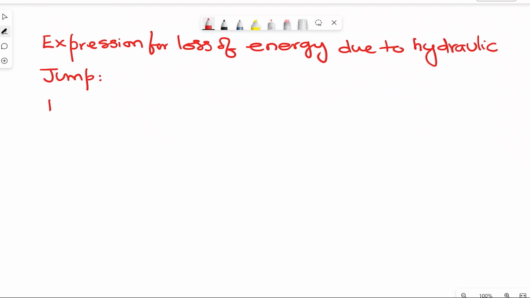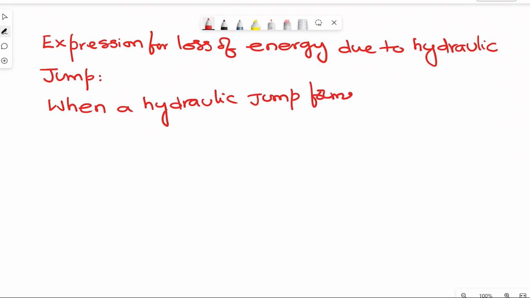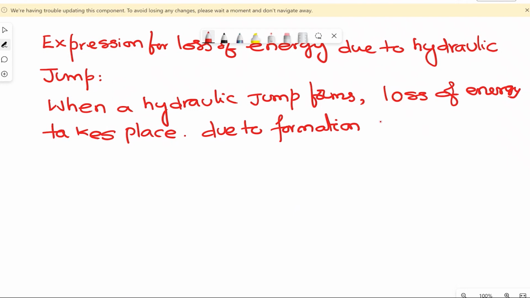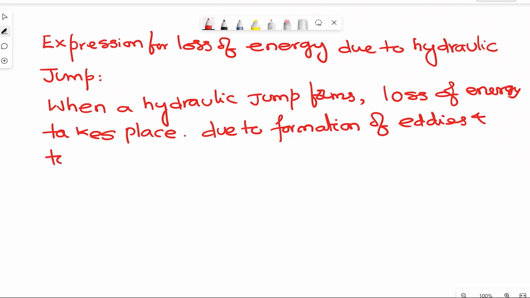Remember that when a hydraulic jump forms, loss of energy takes place. Why does loss of energy take place? Due to formation of eddies and turbulence.